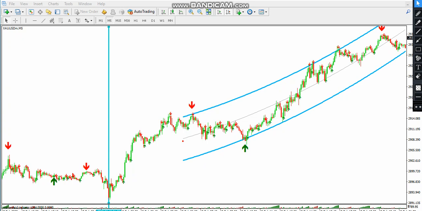So we would have stayed away from this setup. But then price did all of these and went back to the bottom of our band, which shows that we should buy, right? So we would have taken this entry.